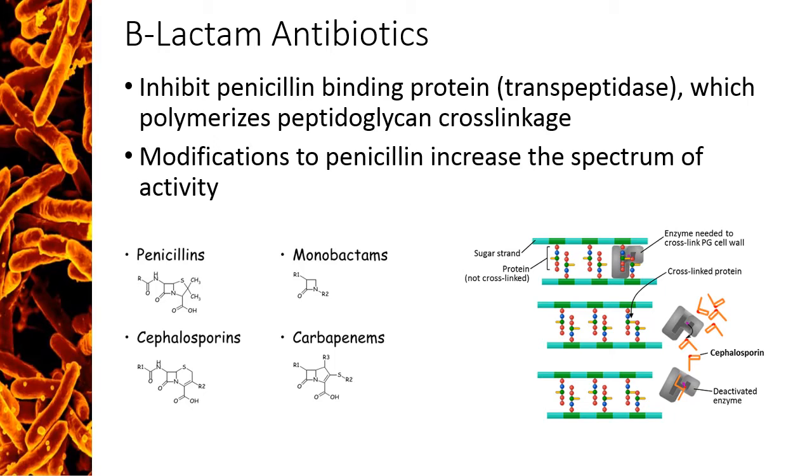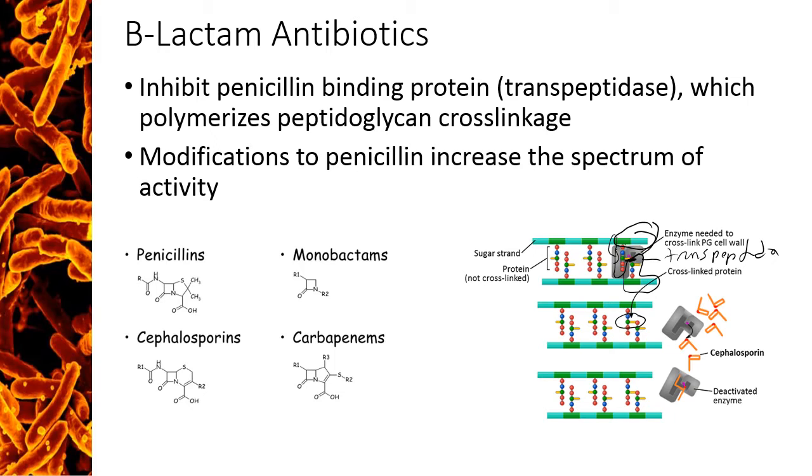So we can see here in the image, this is the NAM-NAG subunit of peptidoglycan with the pentapeptide amino acids. And this is the enzyme, the transpeptidase, that's going to catalyze the formation of the cross-linkage between this set of peptidoglycan and this set of peptidoglycan. So we can see that linkage that's now formed.